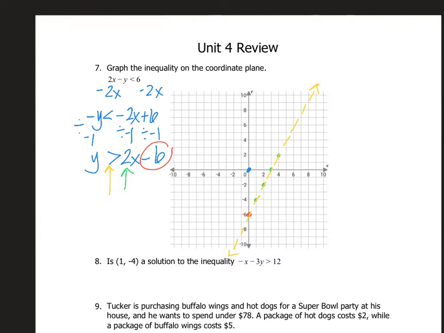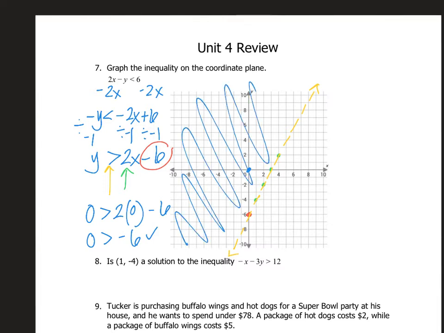So let's test this point, 0, 0. So 0 is greater than 2 parentheses 0 minus 6, and so this says 0 is greater than -6, which is a true statement. So yes, that is the area in which we need to shade.